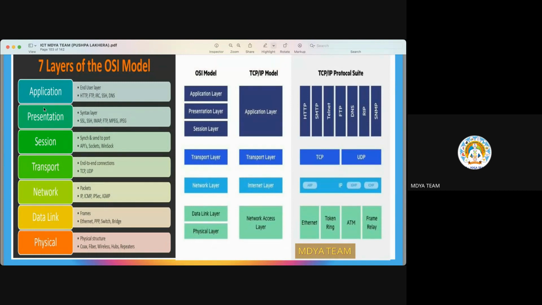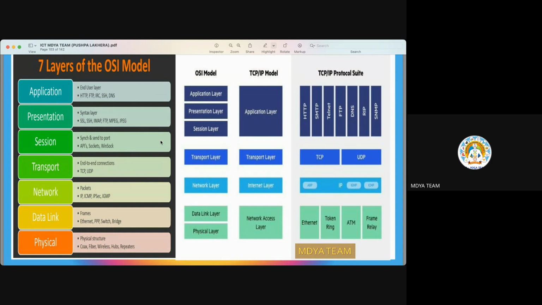So there are two models. Earlier it was the OSI model, which is given by OSI. The OSI model has 7 layers: physical, data link, network, transport, session, presentation, and application.